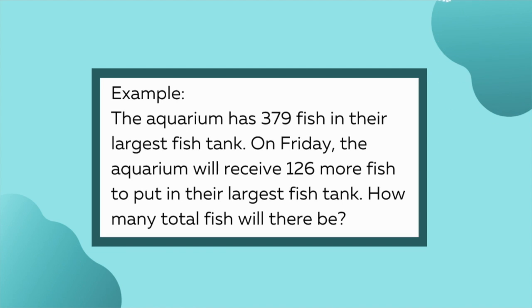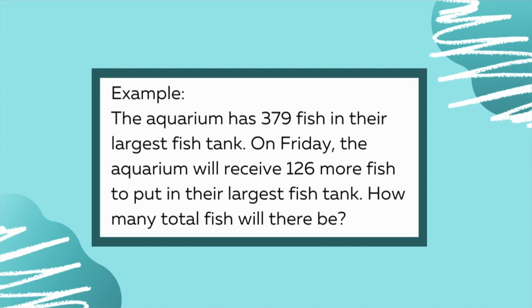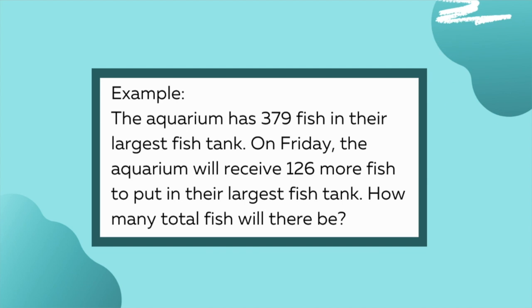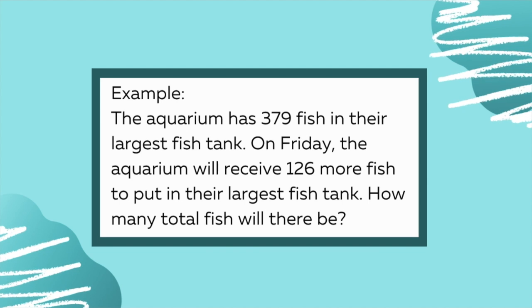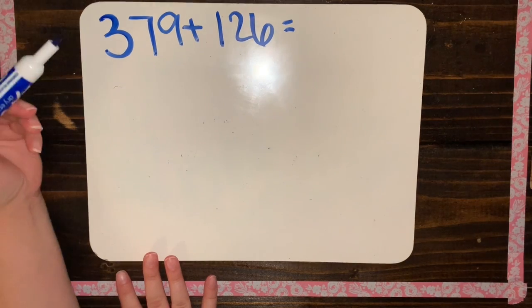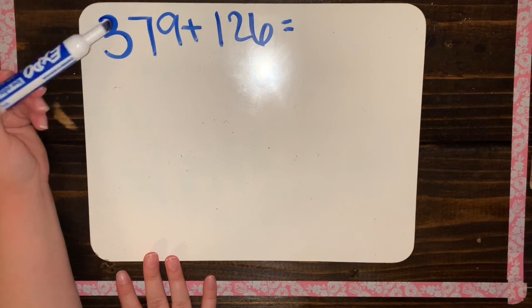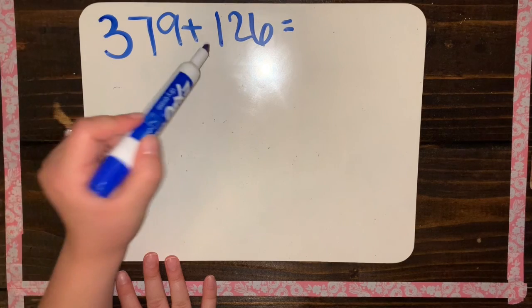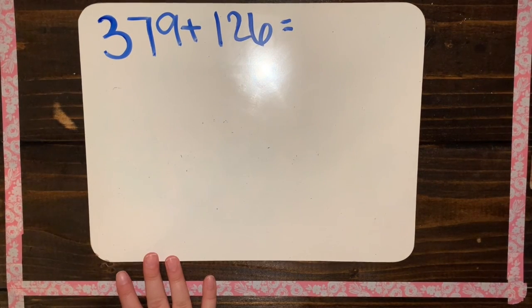So we're going to take the 379 fish that are already in the fish tank and add the 126 more fish that they're going to receive on Friday. So let's go ahead and take a look. I have 379 fish plus 126 fish.